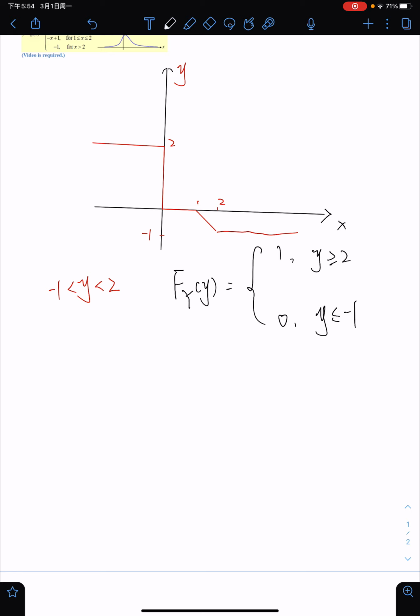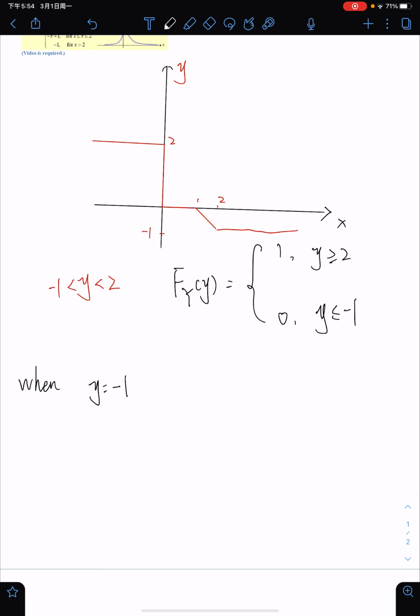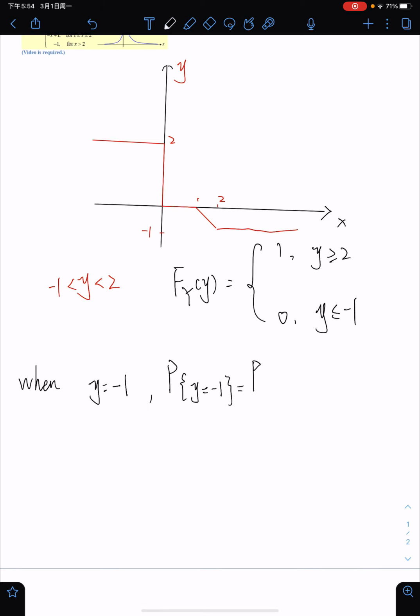And first, when y equals -1, here we need to know the probability of y equals -1, and from the function we know this is equal to the probability of x greater than 2, and this can be read in this way.